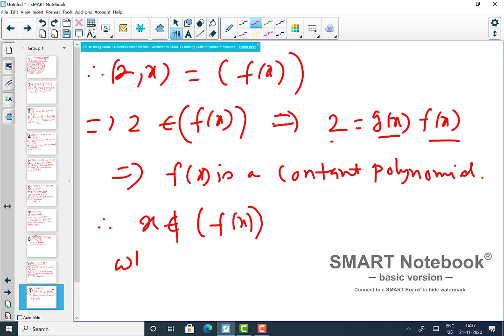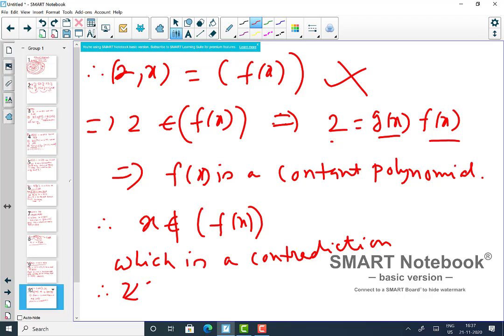Which is a contradiction. So this is not possible. So what does that mean? That means Z[x] is not a PID.